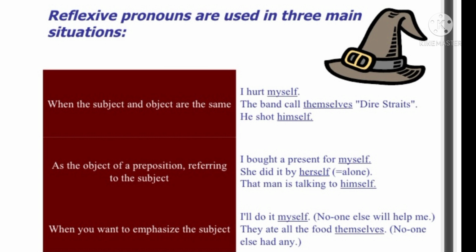So when it is the object of a preposition referring to the subject, we use reflexive pronouns. I bought a present for myself. She did it by herself. That man is talking to himself. See, in all these there is a preposition, and just after that these reflexive pronouns are used.